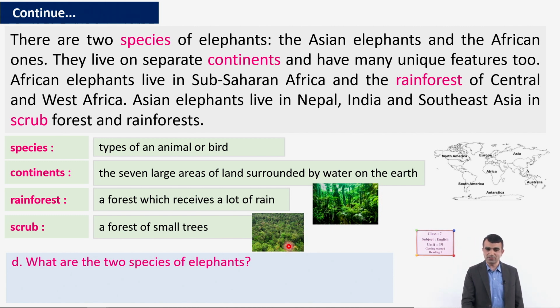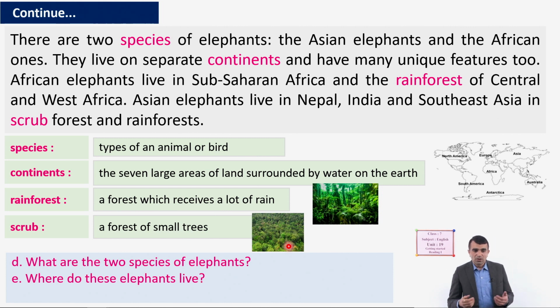Now next, where do these elephants live? They live on separate continents, that is given, and then African elephants live in sub-Saharan Africa and the rainforest of Central and West Africa, and Asian elephants in Nepal, India, Southeast Asia, in scrub forest and rainforest.